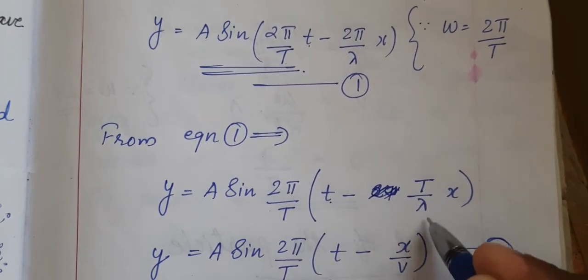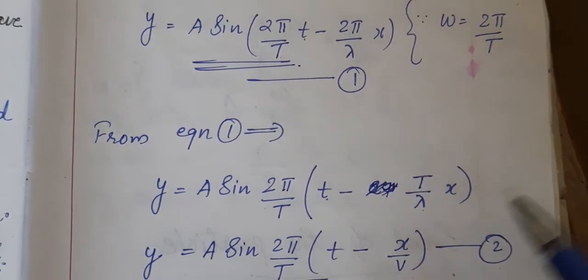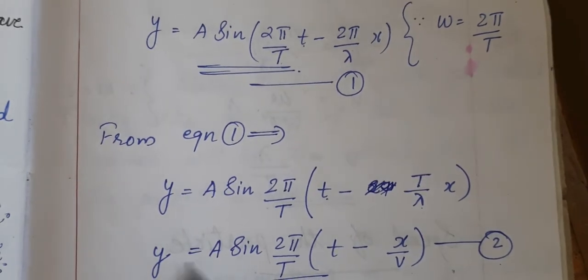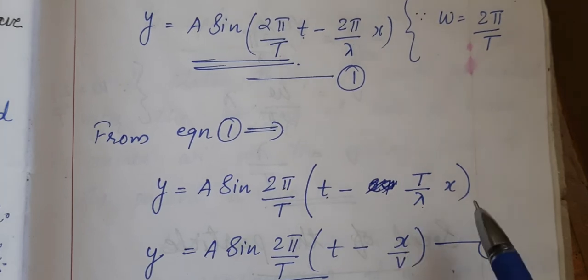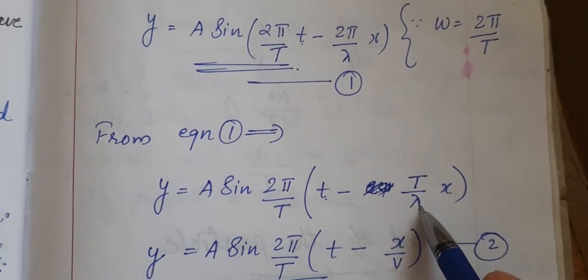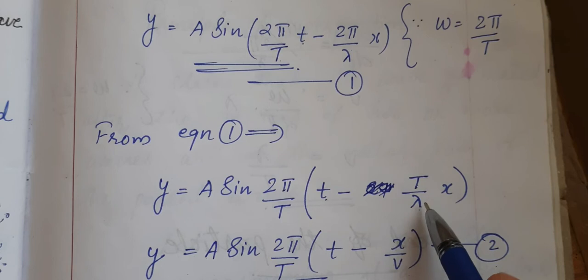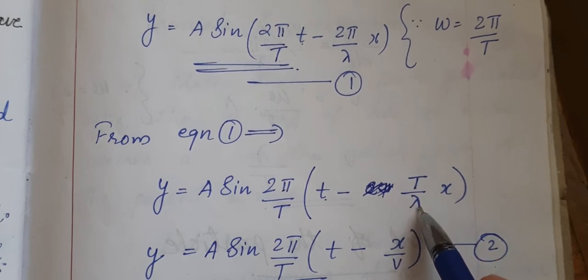You will get 2 pi by lambda into x. So this is one way of representing the wave: y is equal to a sine 2 pi by T into (t minus T by lambda times x).